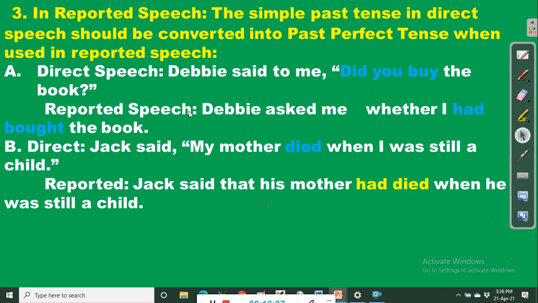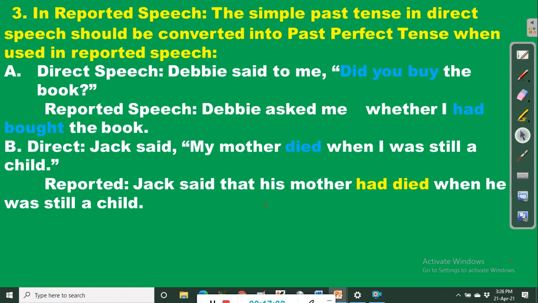All right, so we are going to upload a video in reported speech, and we shall discuss details of these rules. All right, but let's look at this particular rule we have stated here. The simple tense in direct speech should be converted into perfect tense when used in reported or indirect speech.